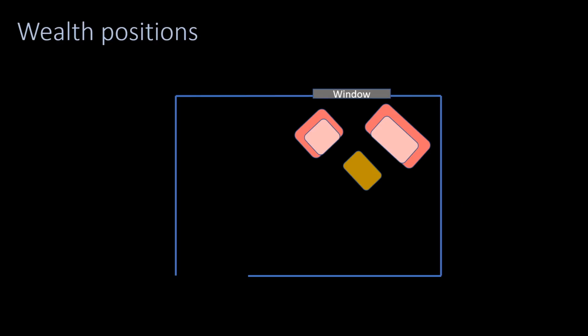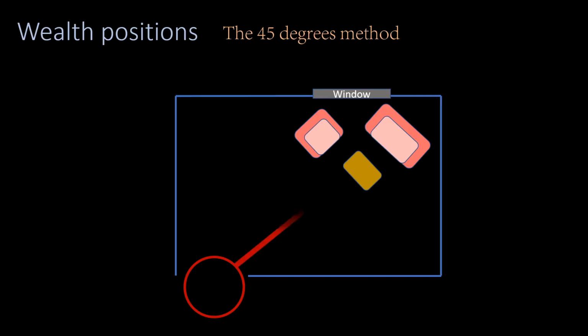This first method I'm going to teach you for locating the wealth sector of your home is called the 45 degrees method. How this method works is you stand at the main door of your apartment or your home and look approximately 45 degrees to the furthest corner of your home.